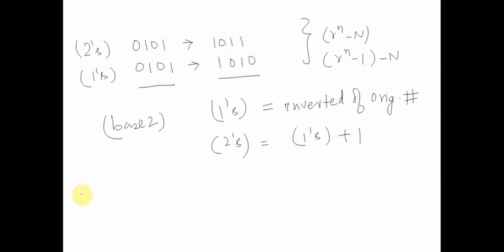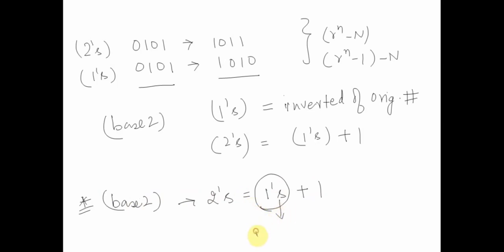So this is one of the important things to remember for our digital systems. Whenever we're talking in terms of base 2 or binary number system, 2's complement is nothing but 1's complement plus 1, and 1's complement is nothing but all digits inverted.